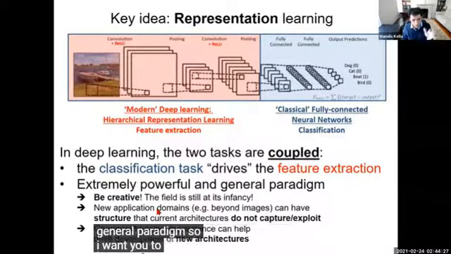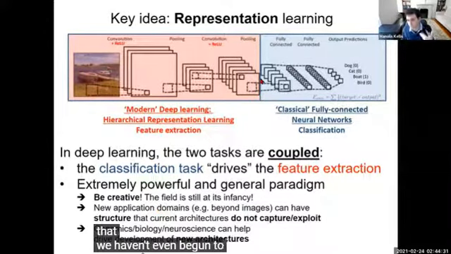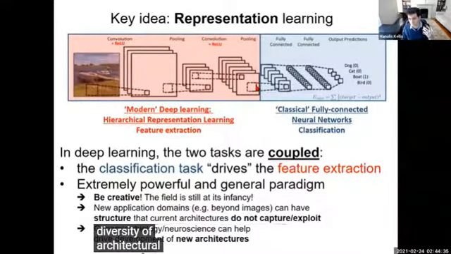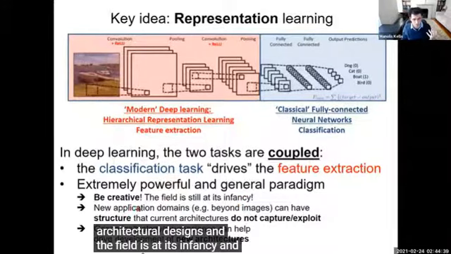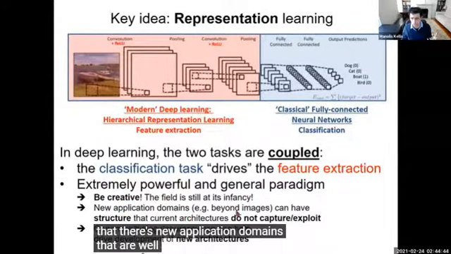So I want you to realize that we haven't even begun to explore the diversity of architectural designs. The field is in its infancy, and you can be creative; there are new application domains that are well beyond images.